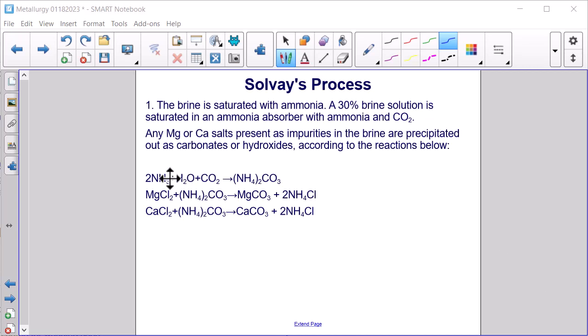So we can see the ammonia reaction with water and carbon dioxide to produce this ammonium carbonate. If there are magnesium or calcium salts present as impurities, they'll react with this ammonium carbonate to form magnesium or calcium carbonate and ammonium chloride.